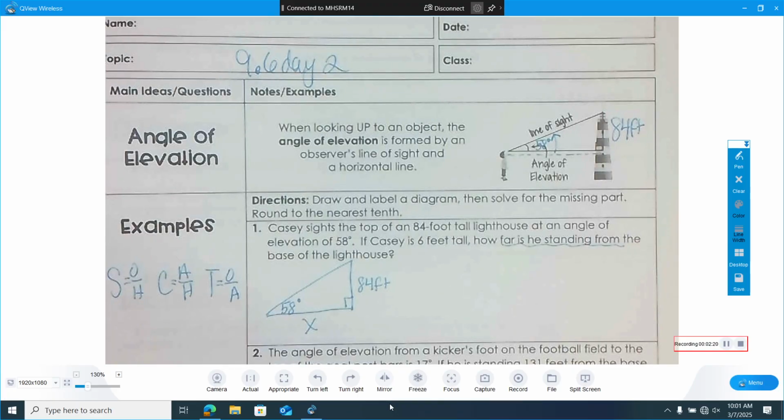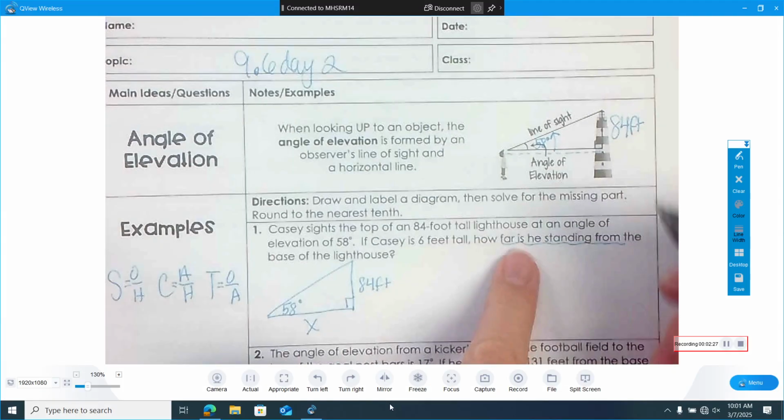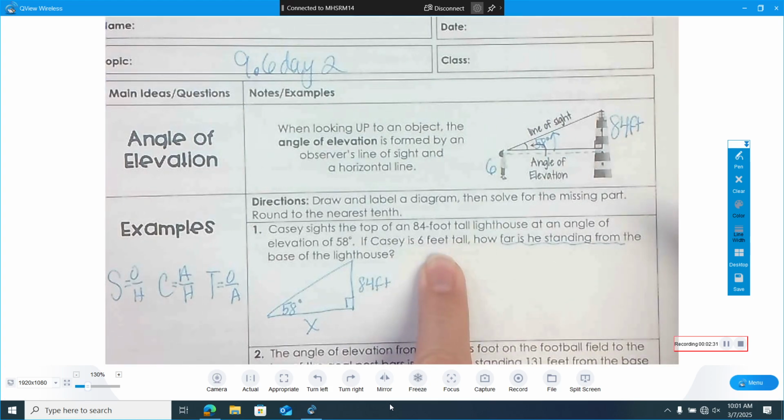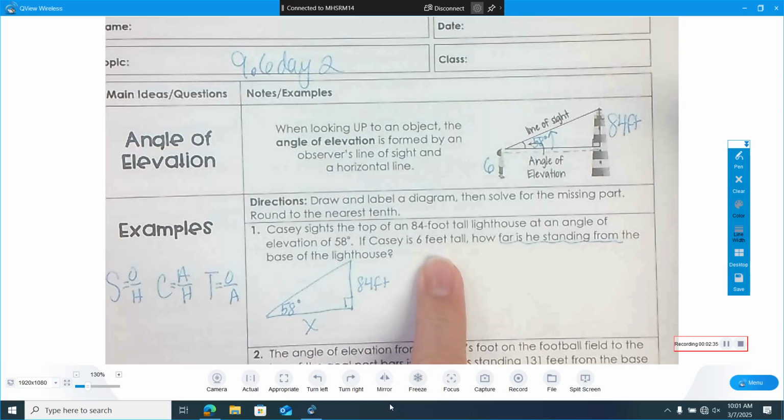Oh, this is sort of interesting. It also says that Casey is 6 feet tall. Casey's pretty tall kid there.